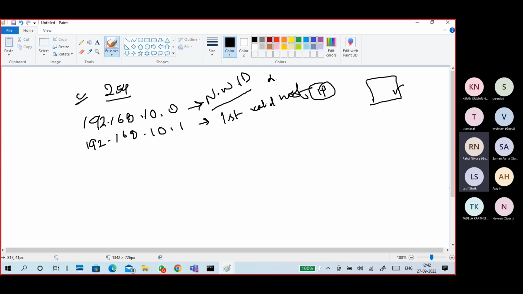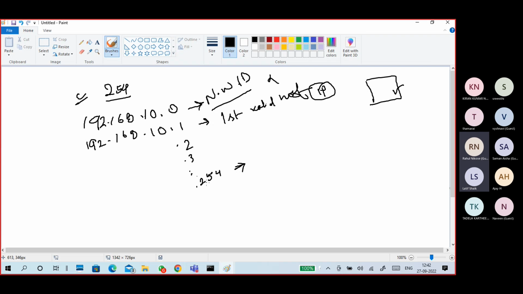You cannot assign the network ID to anyone, but you can assign from here. Then it goes 1, 2, 3, and keeps going up to 254.